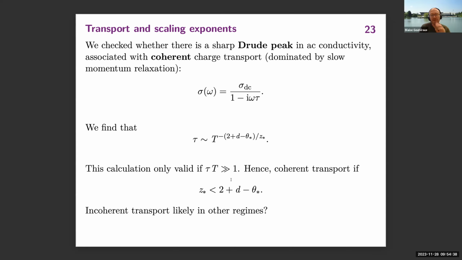Yeah, the disconnect between the width of the peak and the DC conductivity is somewhat unusual. Usually these go hand in hand for slow momentum relaxation, right? Yes, I agree. So that's why I think this is likely suggesting some kind of incoherent transport, even if you still have a sharp peak.